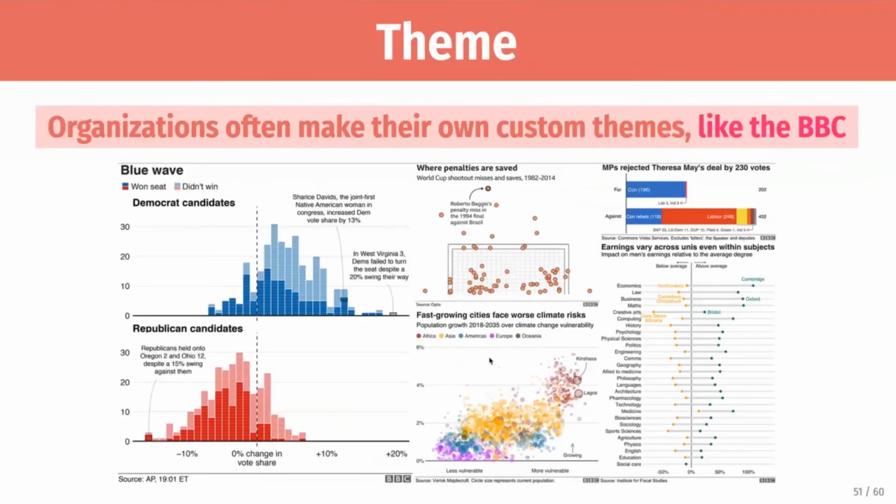Official organizations generally make their own themes. Like the BBC has their own ggplot theme that they've developed, and so they just make a plot and then they say theme underscore BBC, and then all their stuff looks like this. So they use these colors, they use these fonts, everything's kind of spaced this way. This is the internal BBC stuff. And so that's kind of how you do this.